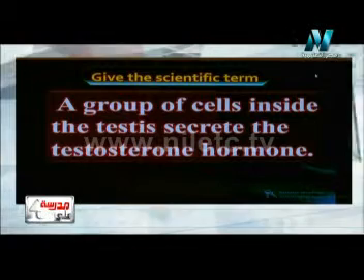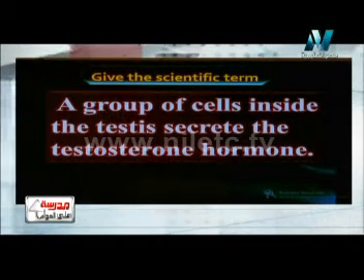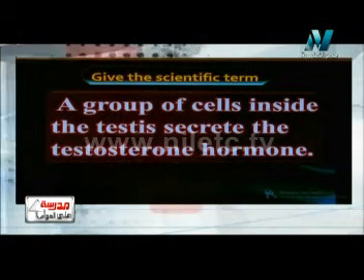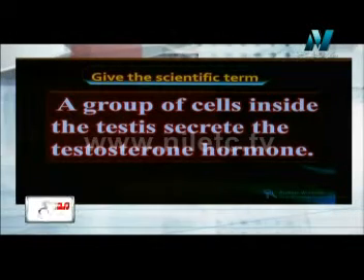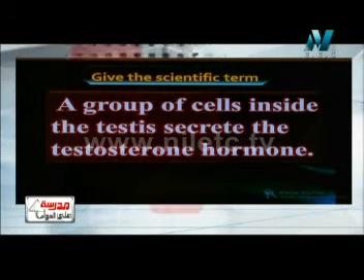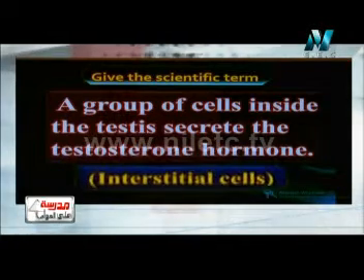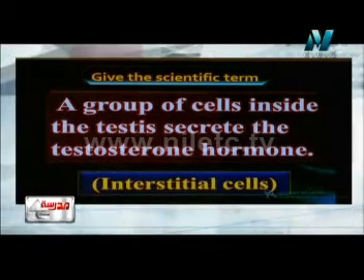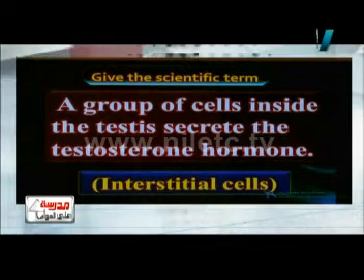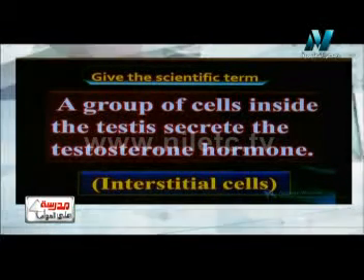The next question. A group of cells inside the testes secretes the testosterone hormone. The cells that are responsible for the male hormones or the androgens are called the interstitial cells. Interstitial cells are a group of cells between the seminiferous tubules inside the human testes.